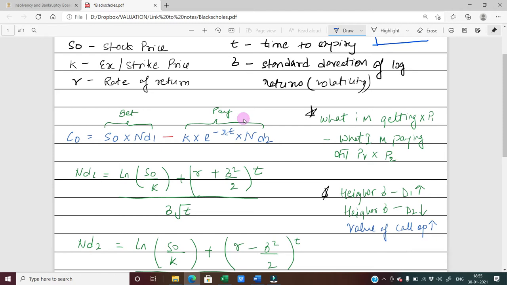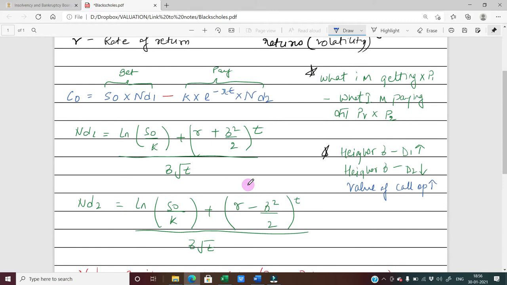So d1 equals ln of stock price divided by strike price, plus R plus sigma squared divided by 2, multiplied by T, divided by sigma into root over T. This is the formula of d1. You have no other choice but to remember this formula.